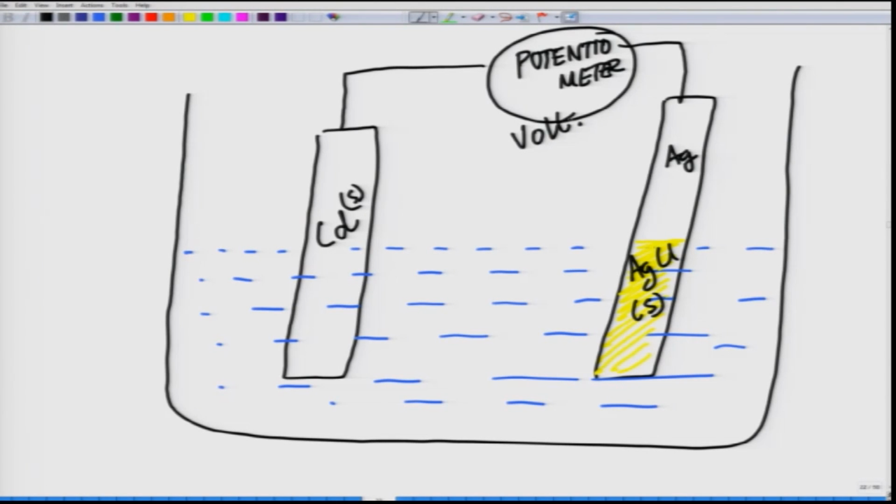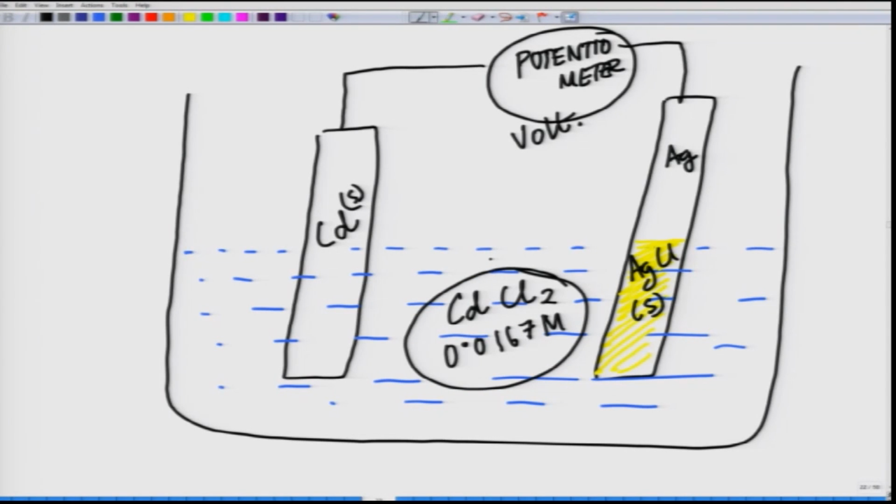Okay. And cadmium in this case is the one which is, so what is the electrolyte? Electrolyte is cadmium chloride. So you are seeing I have not put any separation out here, and for your interest this is around this much molar, which has been standardized over a period of time, and in this case your cadmium is the anode, and as you remember, anode is the place where the oxidation is happening.